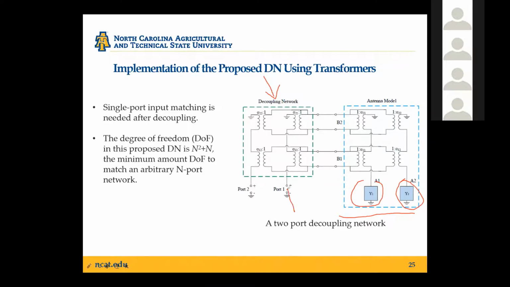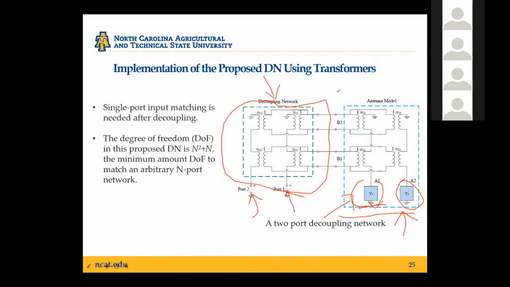And if you look into port 1, you will see the image here, which is your first port mode. And if you look at your port 2, you will see the image here, which is your second mode model admittance. So essentially, our decoupling network is just an n-by-n transformer network, a transformer bank.